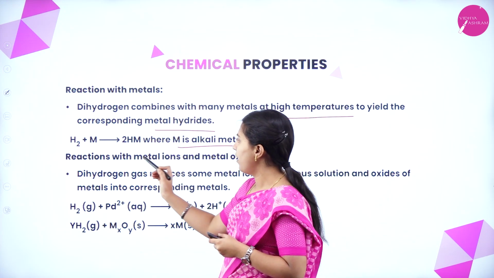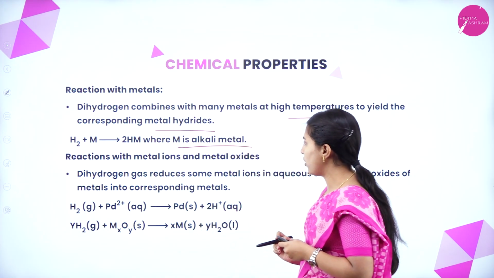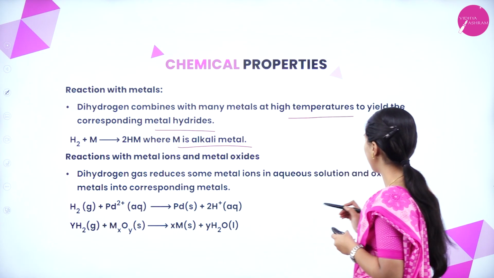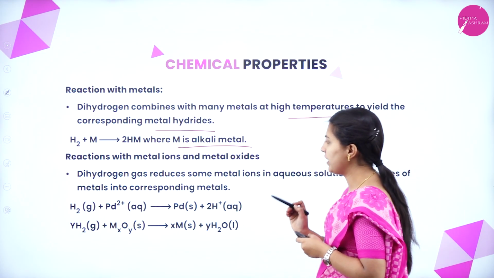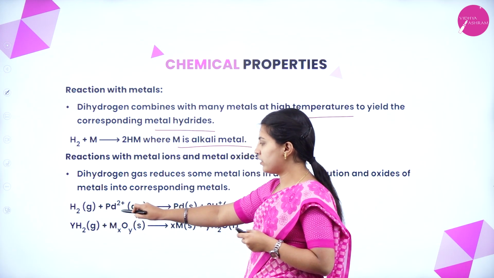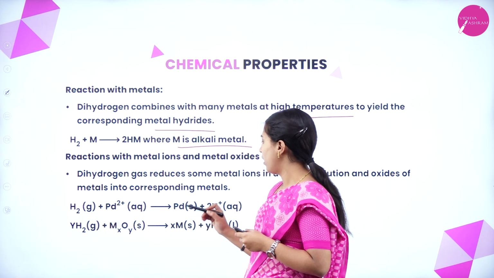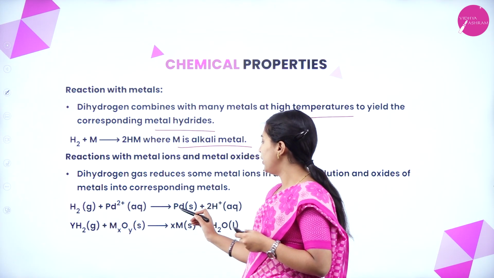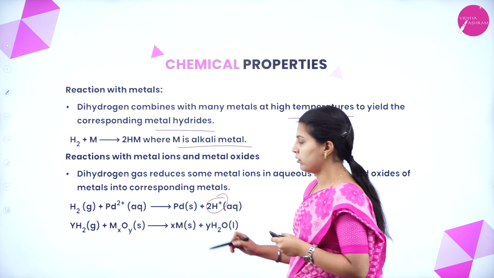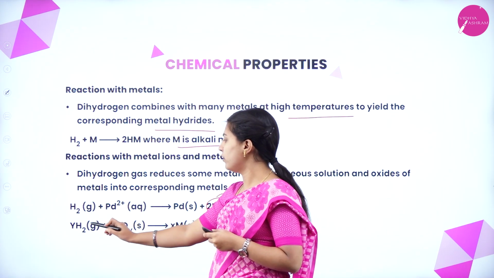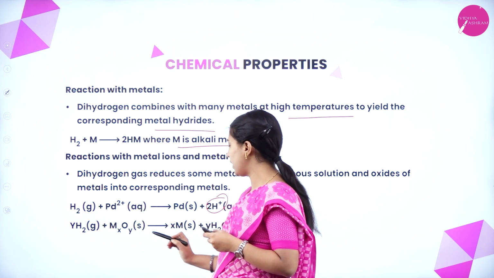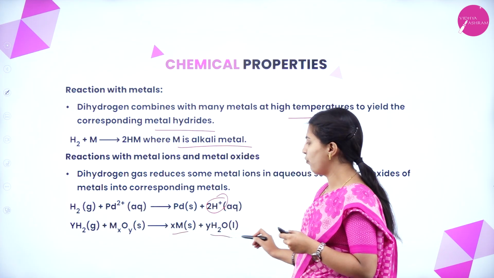Reactions with metal ions and metal oxides: dihydrogen gas reduces some metal ions in aqueous solution and oxides of metals into the corresponding metals. Hydrogen gas treated with palladium ions in aqueous solution forms palladium and hydrogen ions. Here also, H2 and a metal oxide MxOy form metal plus water.